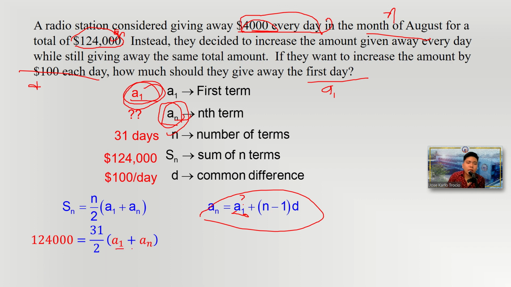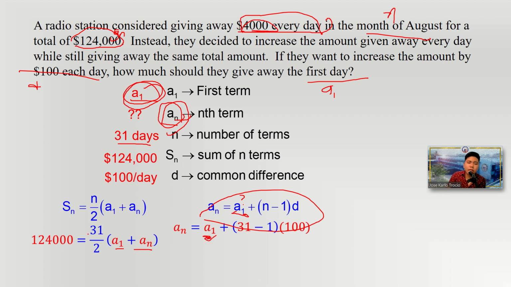We have a sub 1, a sub n. We substitute because there are 31 days here too.